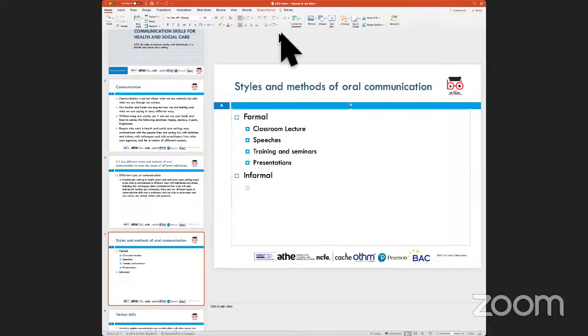If I talk about informal now, this could be a phone call that you get, or a conversation which you have with a patient when you're doing the rounds, or in some cases an informal exchange of notes or ideas while doing the rounds.